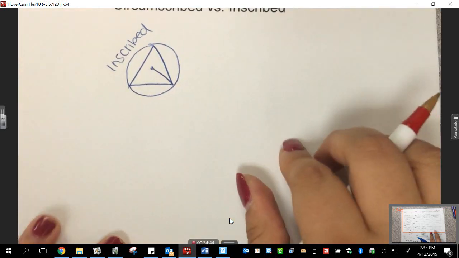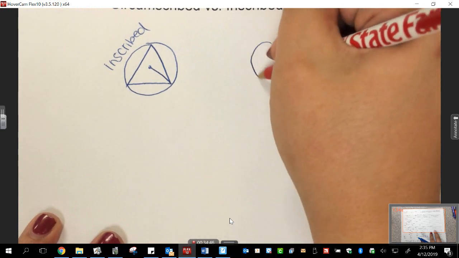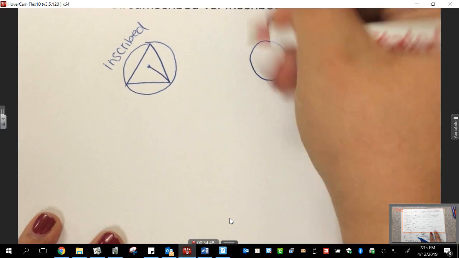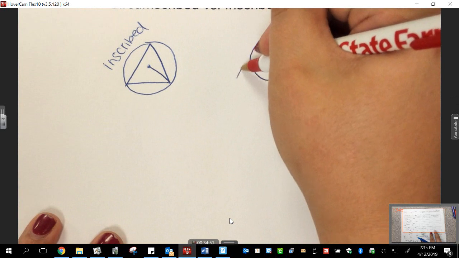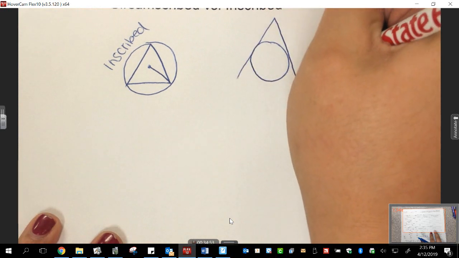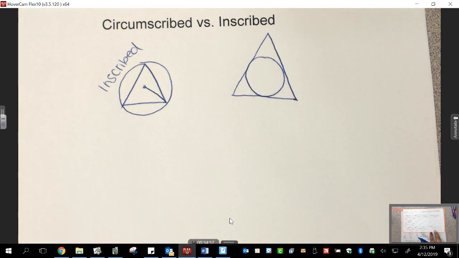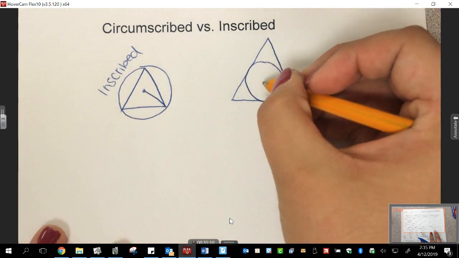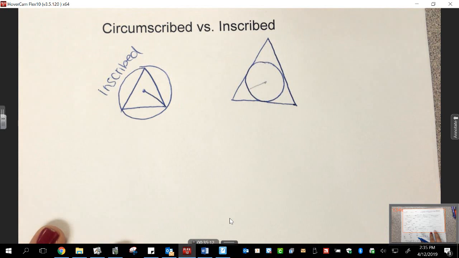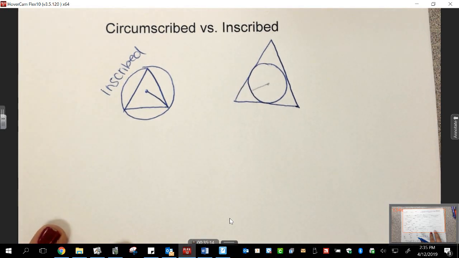If it's circumscribed, though, I have a circle and I have my polygon on the outside. Please watch. On your homework, it says the radius of the circle. My radius of the circle does not go all the way to the radius of the triangle.